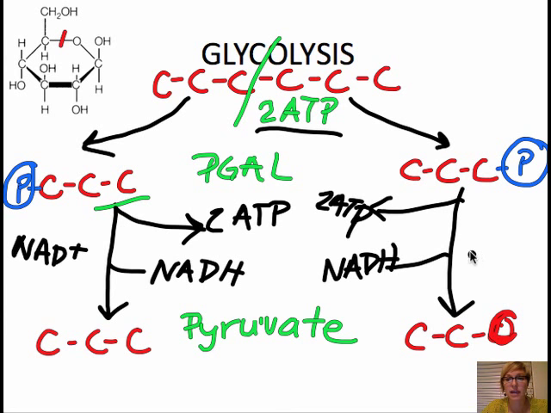During a series of reactions, our PGALs eventually end up as pyruvate, which is our ending molecule. In that process, we make a total of 4 ATP. We reduce 2 NAD+ molecules to become NADH molecules that will eventually go to the electron transport chain. Ta-da! There it is, glycolysis.